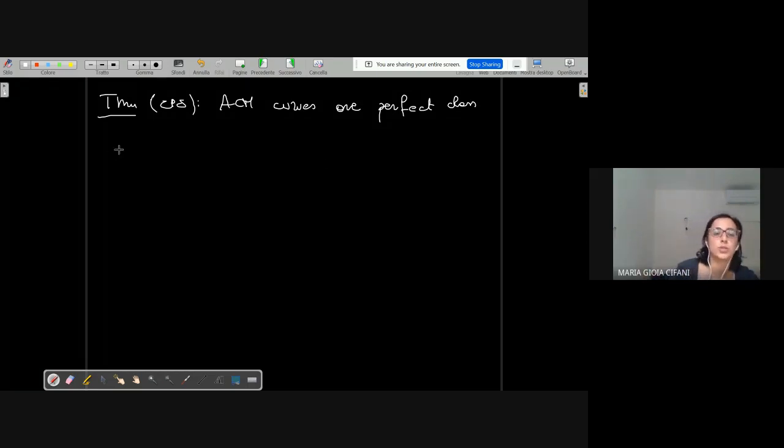I just want to give a hint of the proof. Sorry, I was writing in Italian. A sketch of the proof, just to say what we use heavily. We use heavily a proposition of Ellingsrud-Peskine that has a hypothesis that C should be an Hessian curve.